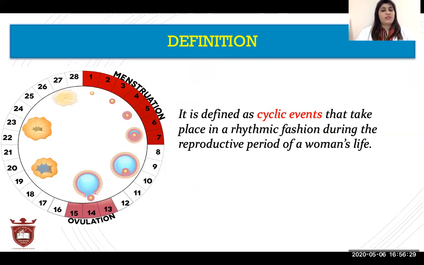So, the menstrual cycle is defined as cyclic events that take place in a rhythmic fashion during the reproductive period of a woman's life. Cycle means where we start, at the same point we end. This menstrual cycle is also the same. Every month at the same time it repeats. That's why it is called a cyclic event and rhythmic fashion. Hope you understood.